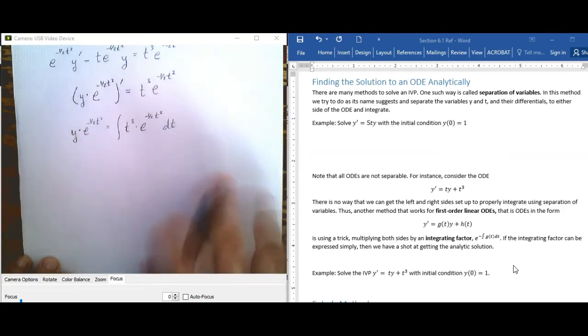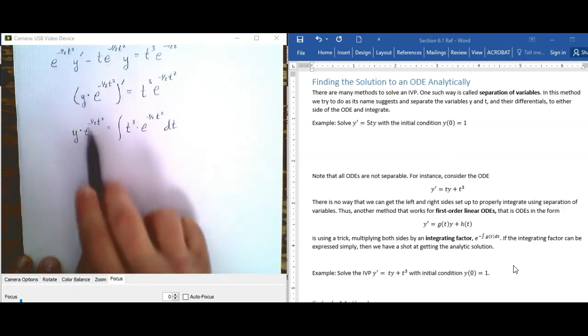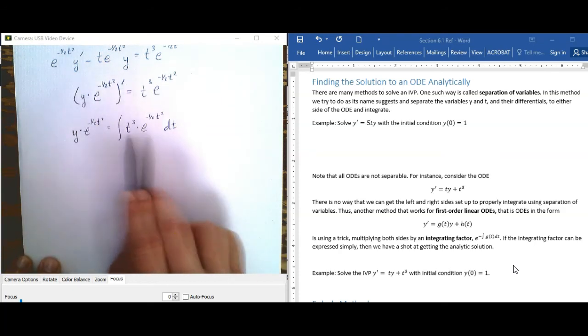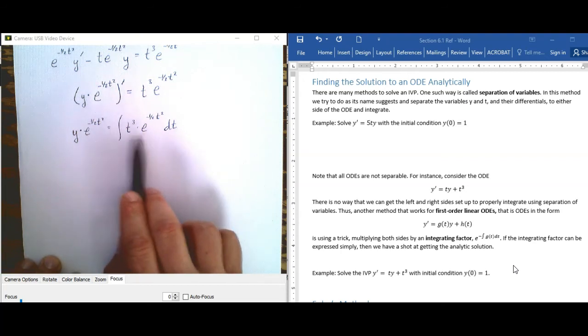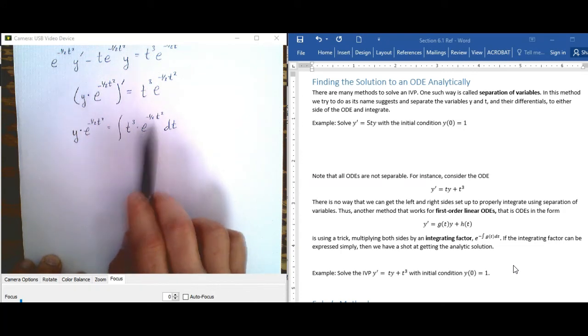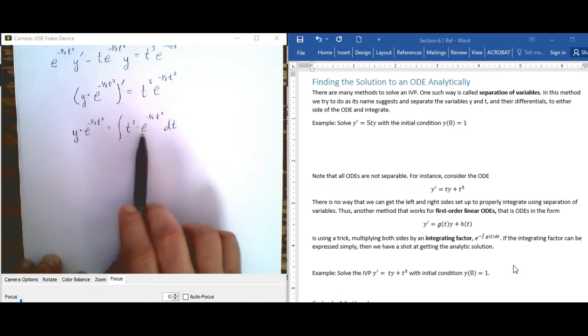All right, now before we divide by this term here, let's go ahead and try to anti-differentiate this.